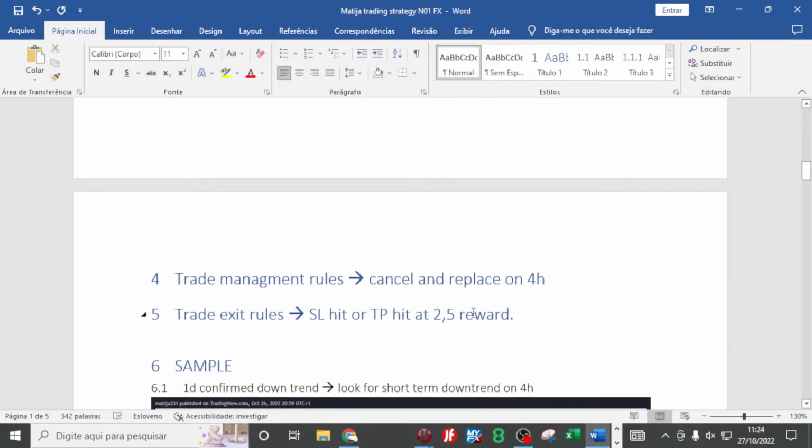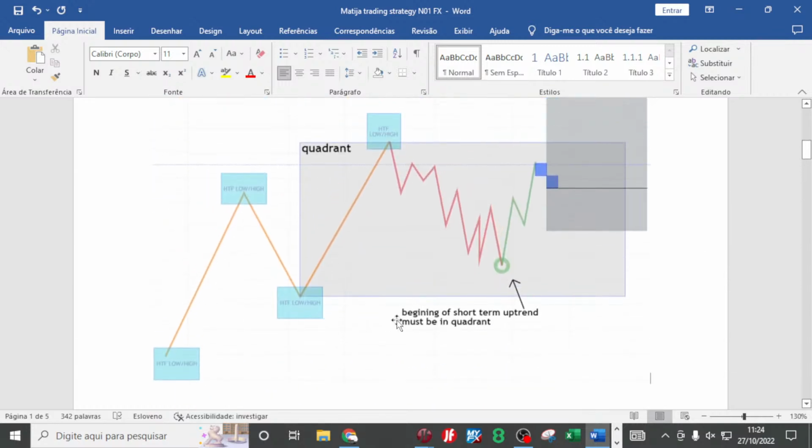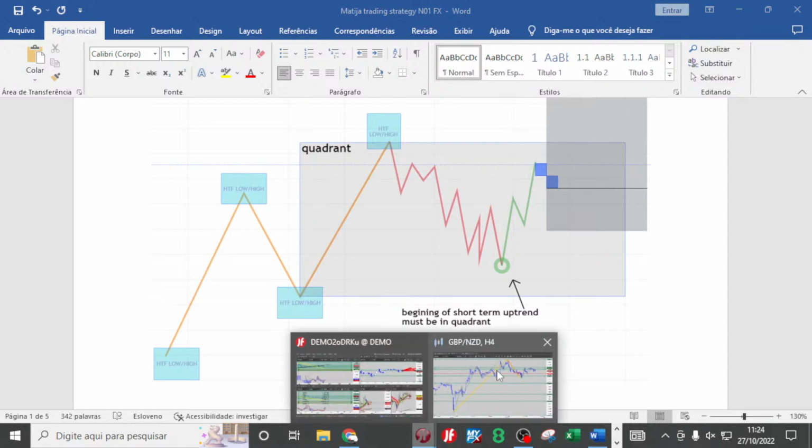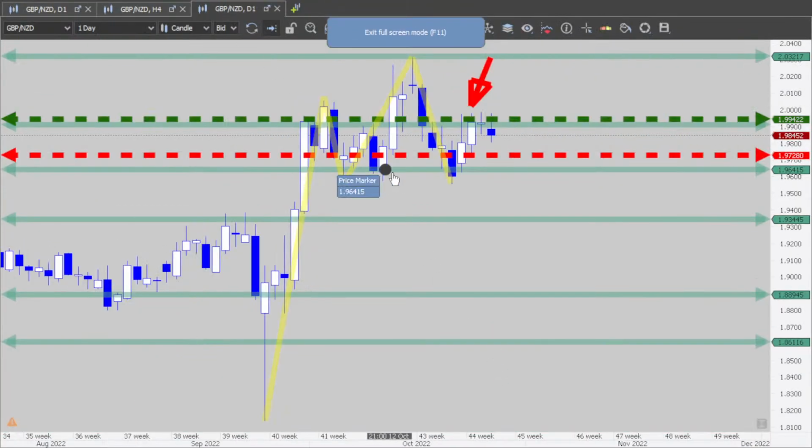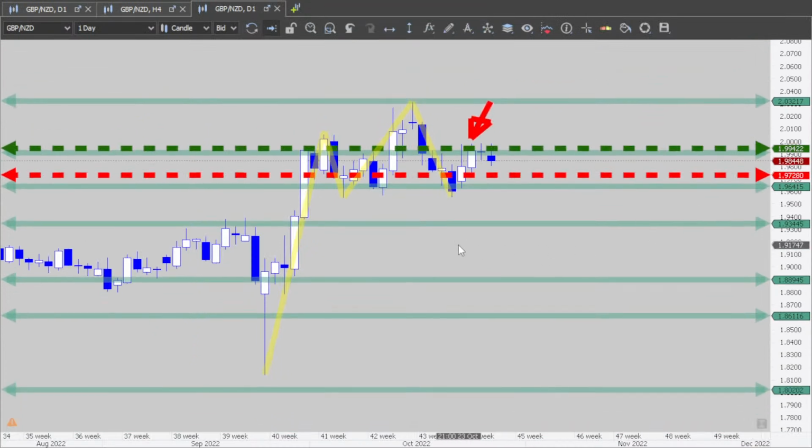Quadrant. What is the quadrant? Trade management: cancel and replace on the 4-hour. Trade exit rule: stop loss hit or take profit hit. Okay, it must be in the quadrant. High time frame, low and high.